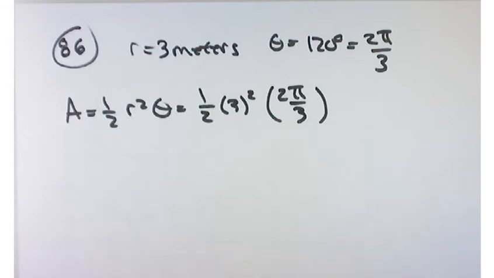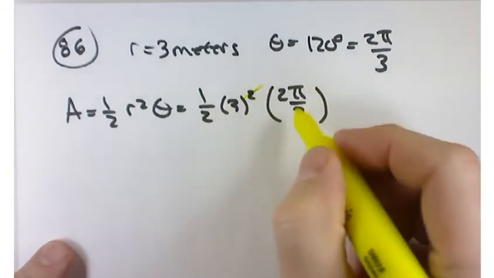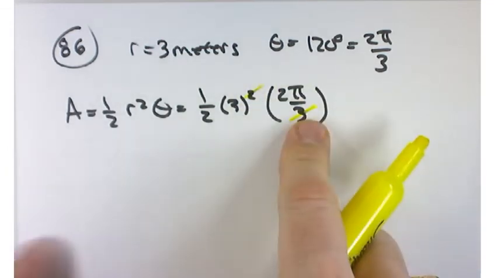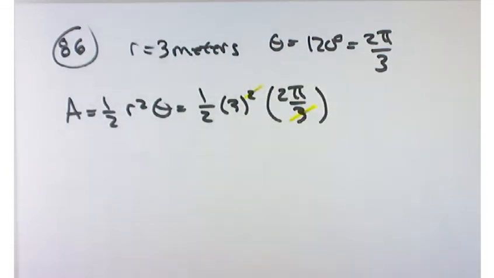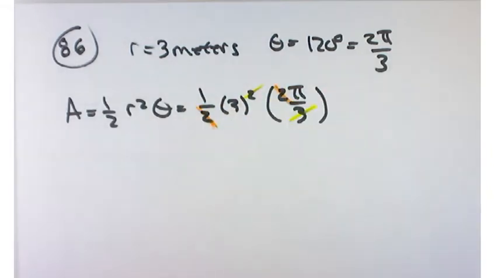Do you see anything that can cancel? All right, squared here. Let's get rid of one of those there. That's good. Nice. And the other thing they can cancel is this 2 and that 2. Doesn't leave us with much, does it?